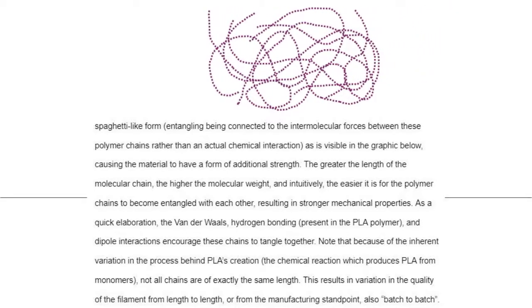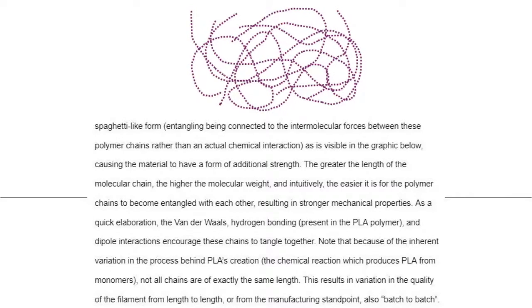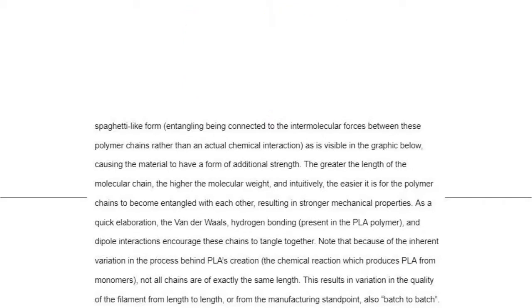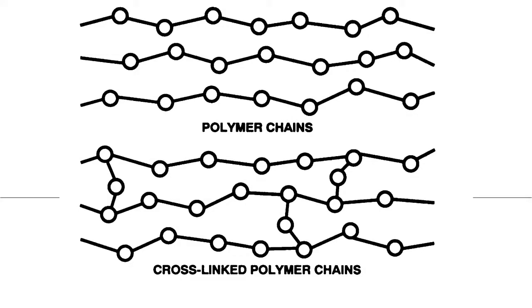The greater the length of the molecular chain, the higher the molecular weight, and intuitively, the easier it is for the polymer chains to become entangled with each other, resulting in strong mechanical properties. As a quick elaboration, the van der Waals forces, hydrogen bonding present in the PLA polymer, and dipole interactions encourage these chains to tangle together.